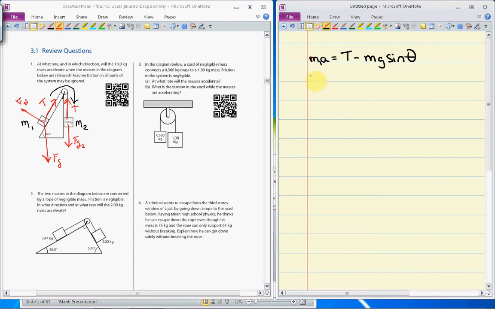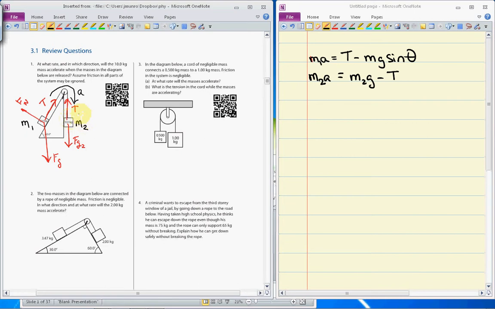And for the other one, M2A, it is equal to M2G minus T. Notice that what I did is, because I assumed the direction, the mass times the acceleration has to be in the same direction as my assumed net acceleration. That's why I have the direction that I have here. So tension is positive and mg sine theta is negative.